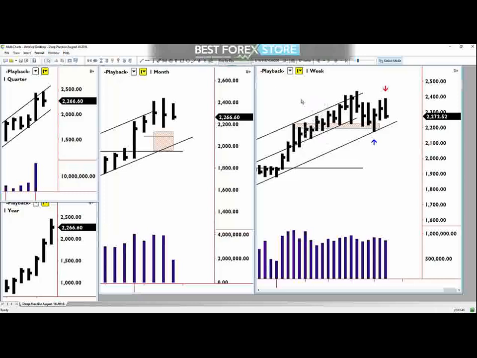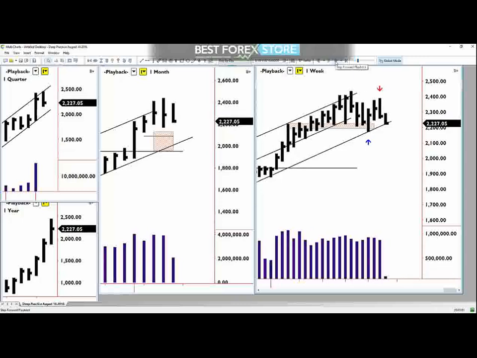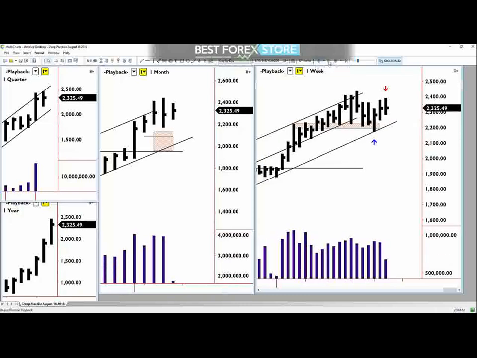And let's see what happens with this. We're coming down to that level again. And what do we see here? Let's look at that again, because it's instructive.